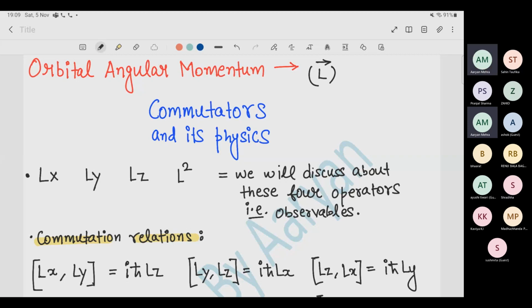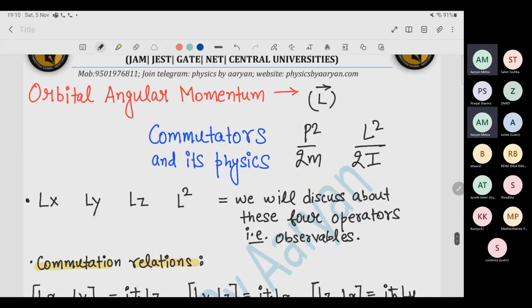So what is L square by 2I? If you do a rotational analogy, p square by 2m becomes L square by 2I, where I is the moment of inertia. So what is L square by 2I then? Rotational kinetic energy.